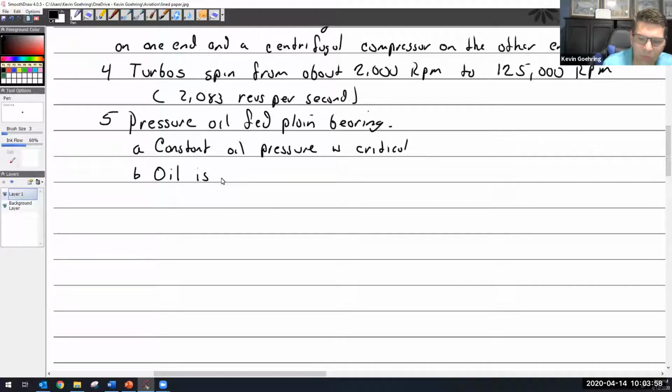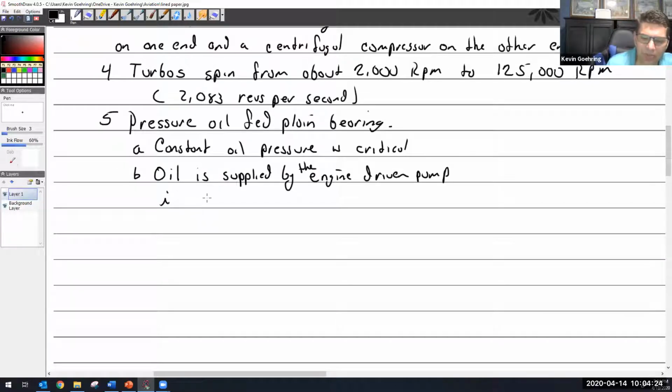So oil is supplied by the engine-driven pump. That's just the same oil pump that's supplying the engine.